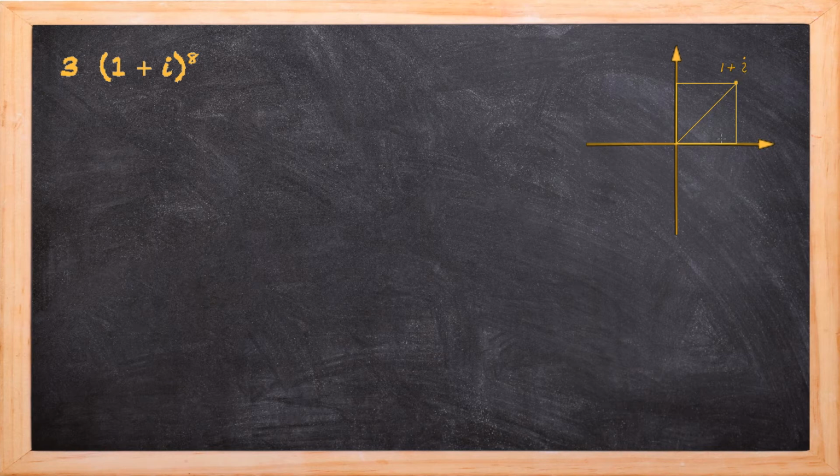So modulus √2, argument π/4. So Cartesian version 1 + i, polar version √2(cos π/4 + i sin π/4).